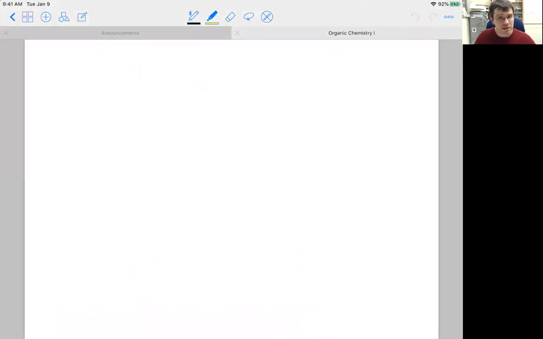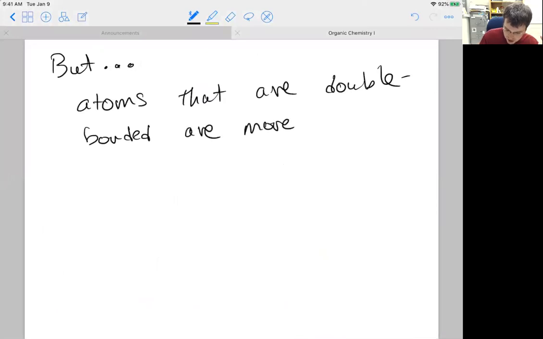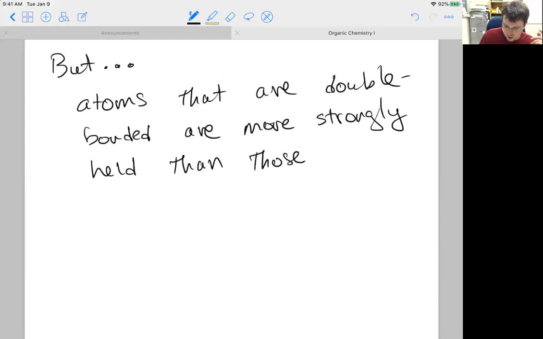What this means is that pi bonds are weaker than sigma bonds. But this comes with a huge caveat. Atoms that are double bonded are more strongly held together than those with only one bond.